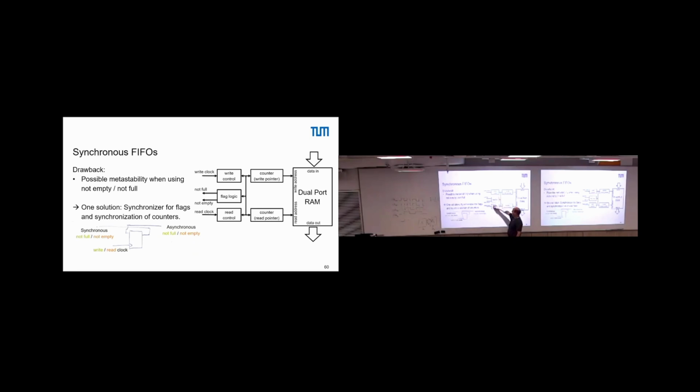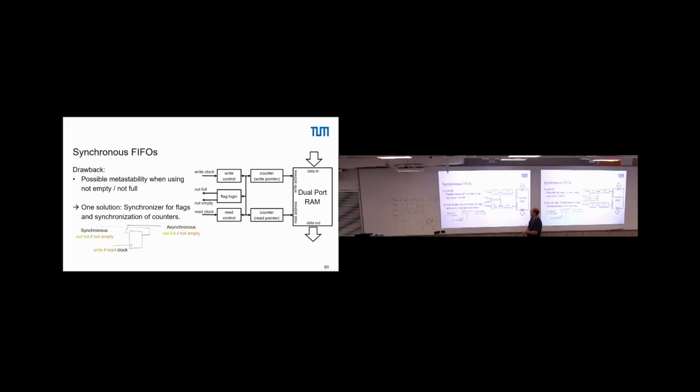The empty signal is evaluated in the read domain, so we need to synchronize this signal with the read clock. So we need a read clock and a write clock in the FIFO, permanent clock now. And since we now have a permanent clock, we also need an additional signal that triggers when a write and when a read should actually happen.